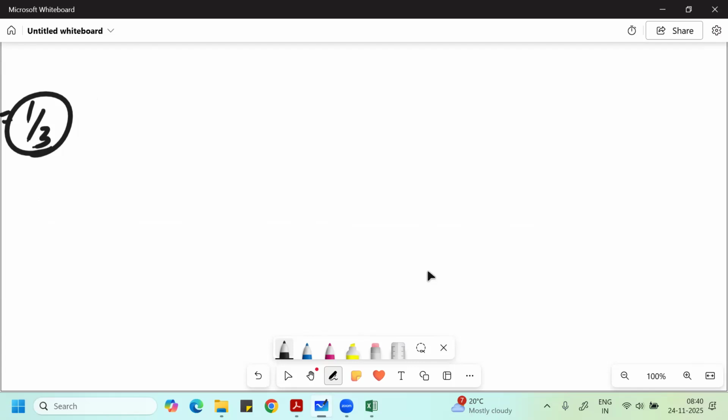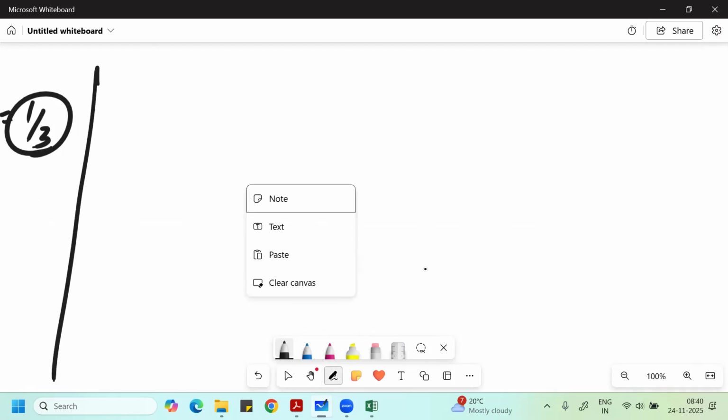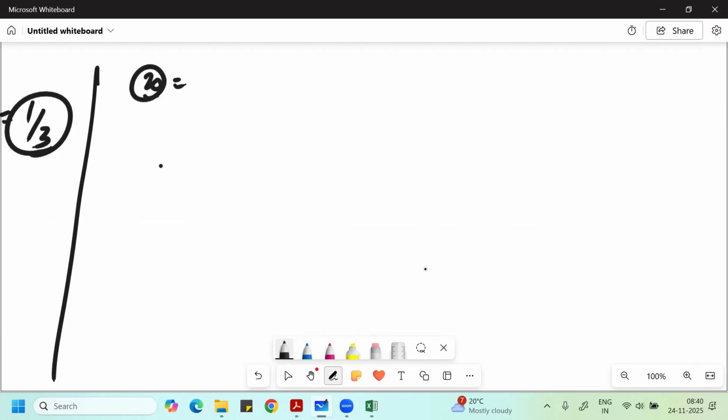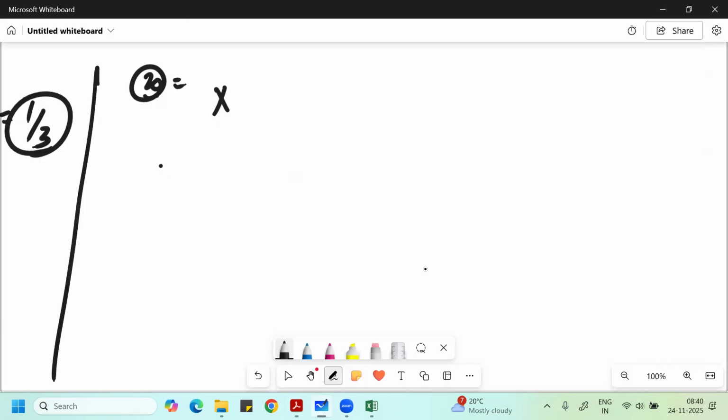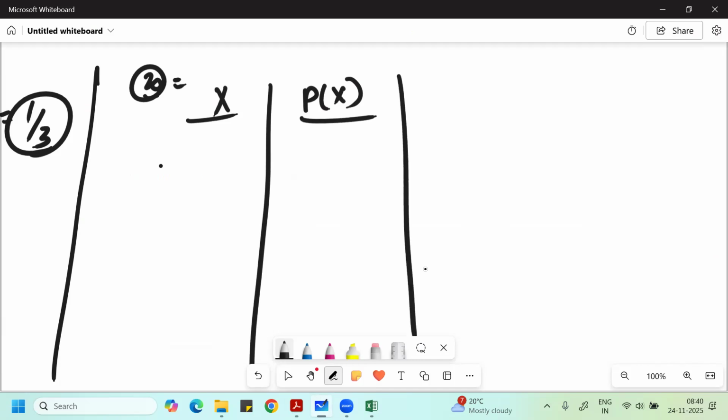Okay, now talking about question number 20, you want to calculate the standard deviation. So x and probability of x is given to you.